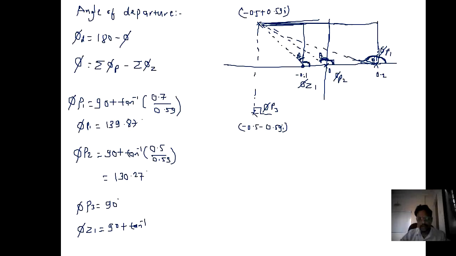We are at 0.1, this is completely 0.5, that means the remaining is 0.4, by adjacent, the complete height, that is 0.59. So phi z1 will be 124.13.